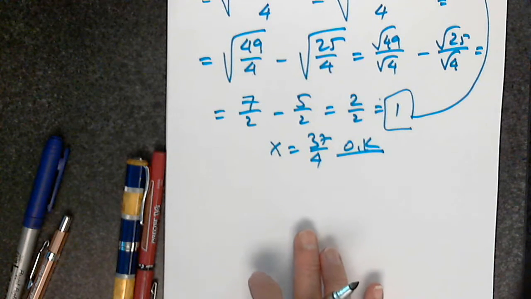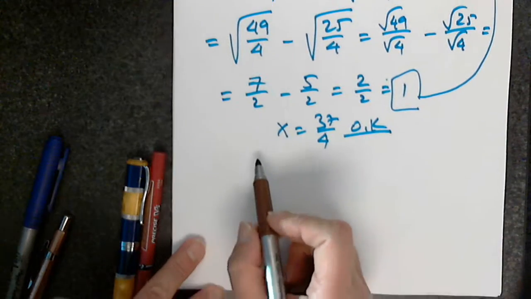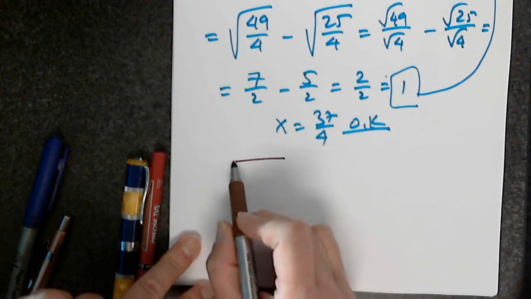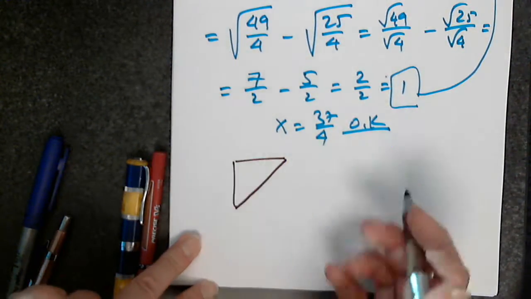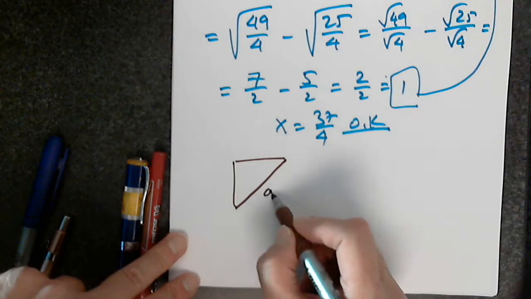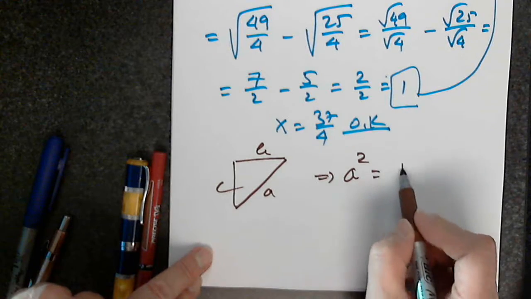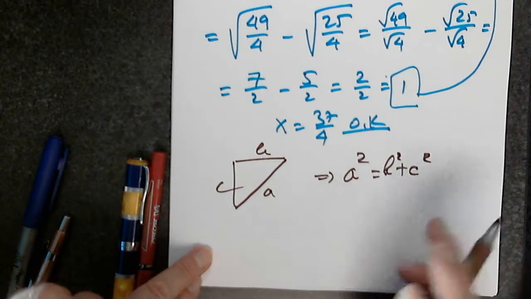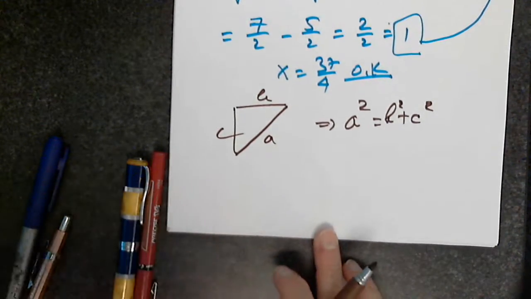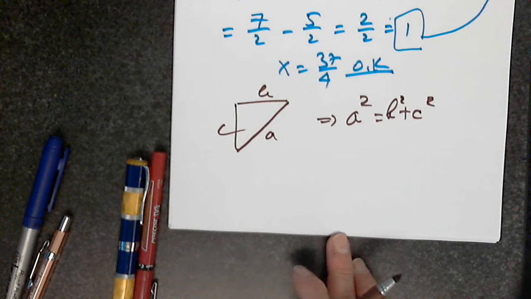Okay, so let's talk about the Pythagorean theorem. I'm sure everyone knows it. It doesn't matter how you denote the sides. Let's say A, B, C. And we know that the hypotenuse squared equals the sum of the squares of the legs. So we're going to be using this in several triangles.